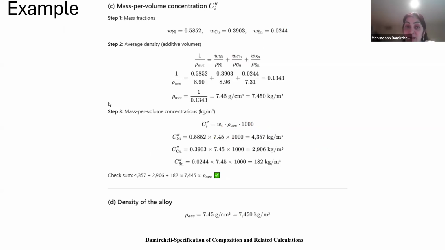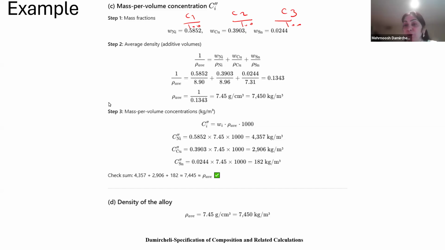The next one, mass per volume concentration, or C double prime, what do you use it for? It is used for calculating the diffusion concentration. We need the weight or mass fraction. Mass fractions here means, for example, C1 divided by 100, C2 divided by 100, C3 divided by 100, as you see here.